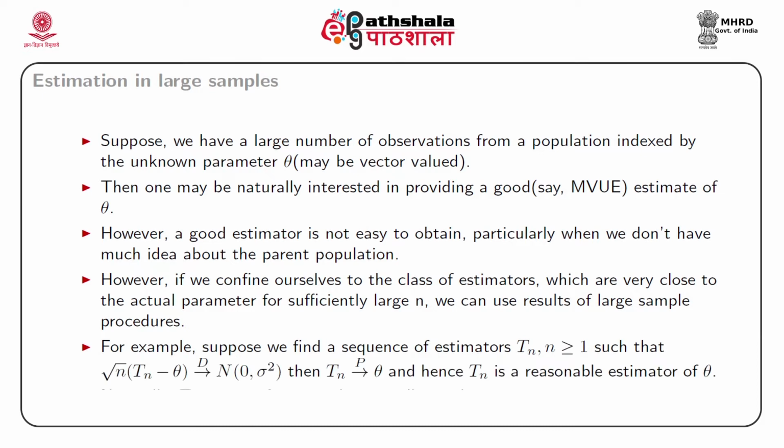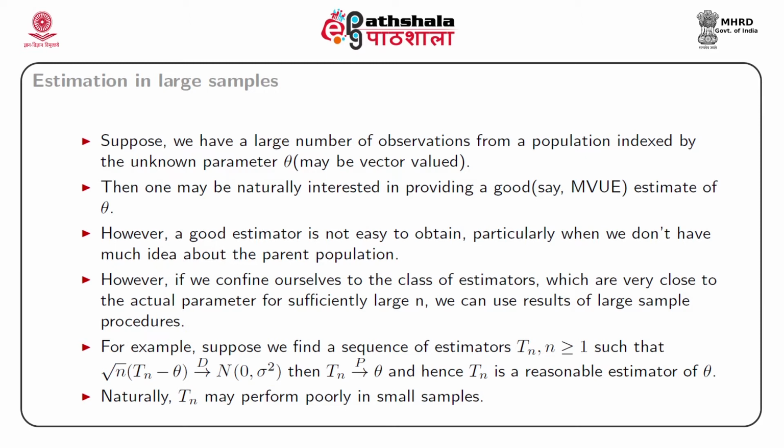For example, suppose we find a sequence of estimators Tn such that the asymptotic distribution of Tn is normal with mean theta and variance sigma square. Then naturally Tn converges in probability to theta, and hence Tn is a reasonable estimator of theta for large n. It could be possible that Tn may perform very poorly in small samples.